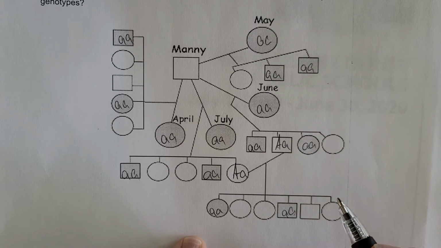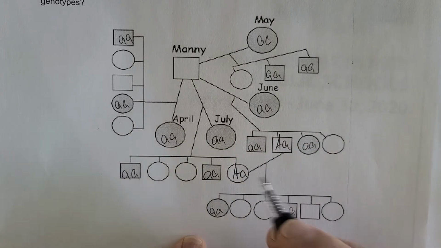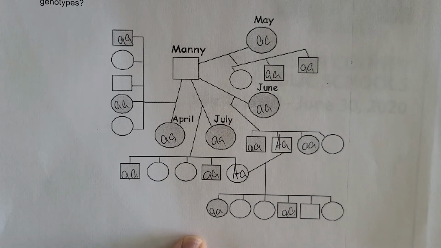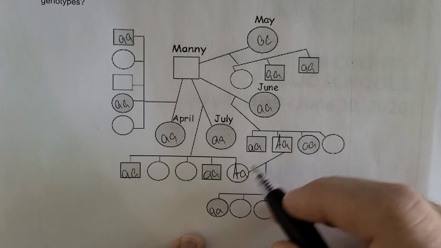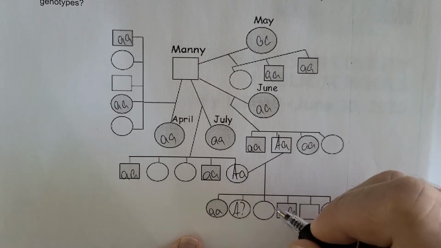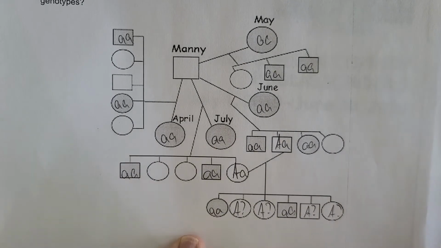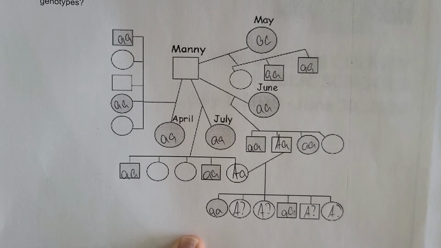What else do we know? We know that these two parents, just like the cross I did on the previous example, could have homozygous dominant or heterozygous children. So we're going to have a question mark for all of those.